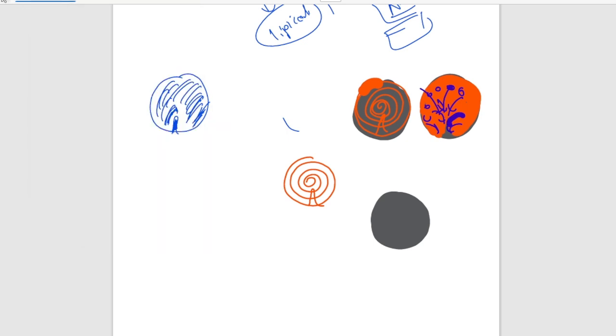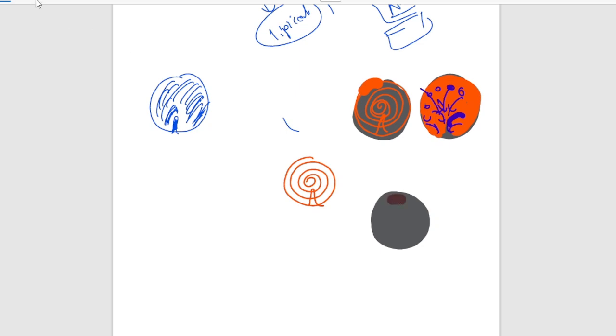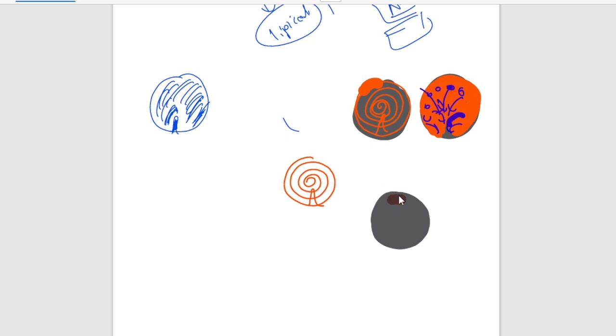Actually, wait, we will draw it with the highlighter. There is no highlighter of the color we want, so we will draw it on this. But you know this cell is migrated. This cell migrates to the inside, between this group, to this area.